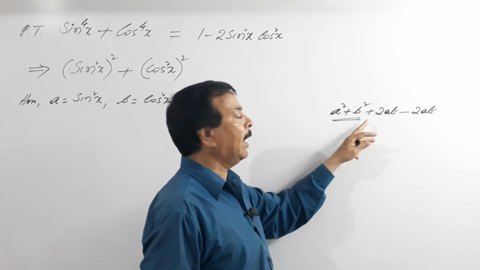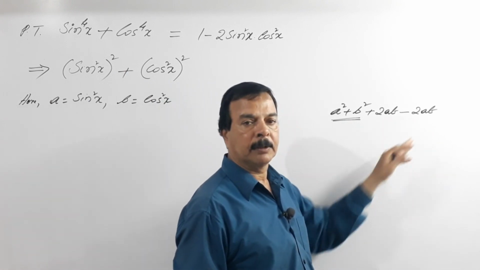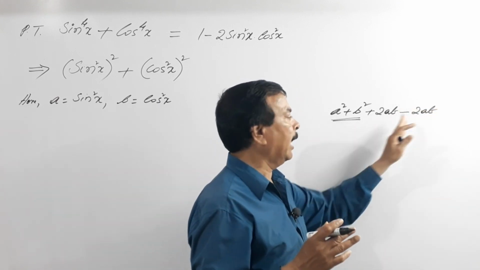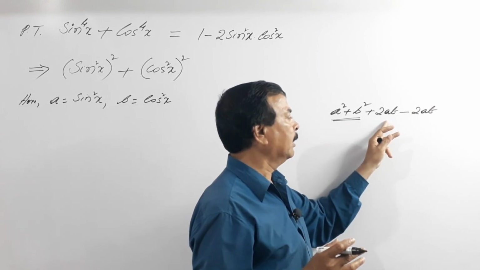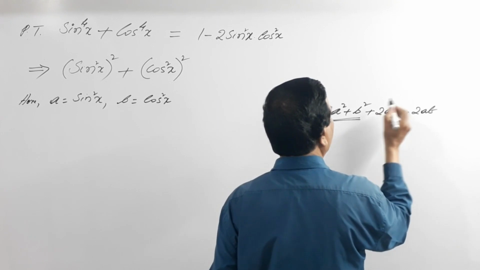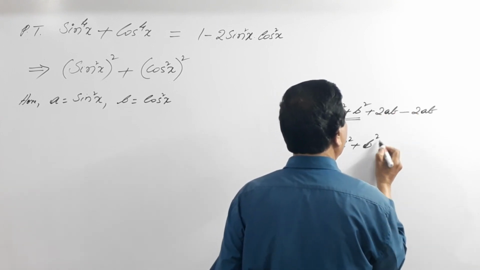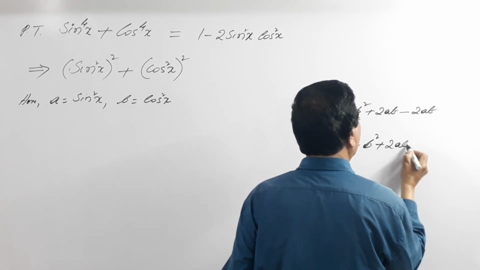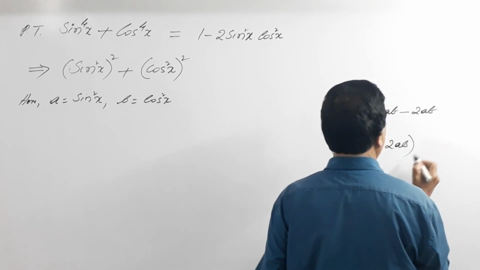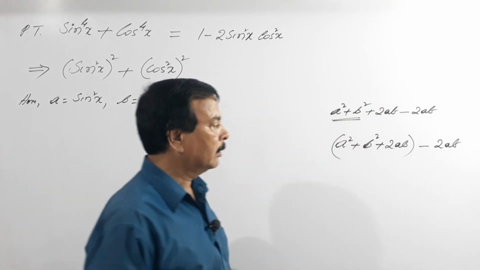So what I do is add and subtract 2ab: plus 2ab minus 2ab. If you cancel this, we get a square plus b square. So what is this? Now that is a square plus b square plus 2ab minus 2ab.